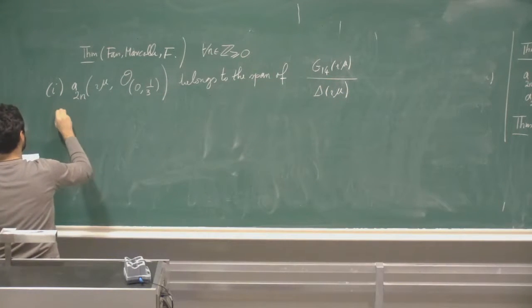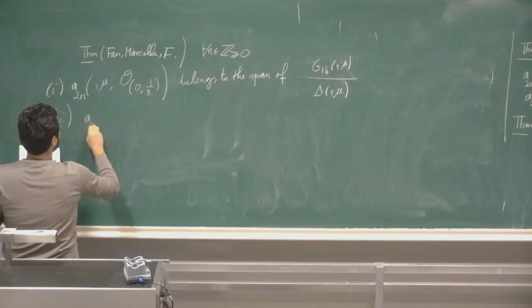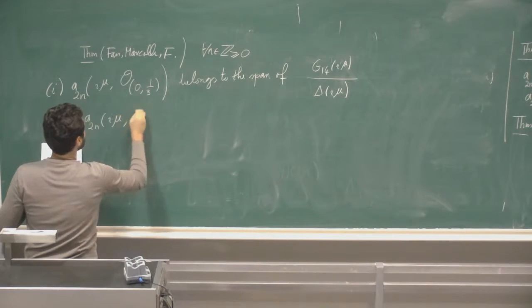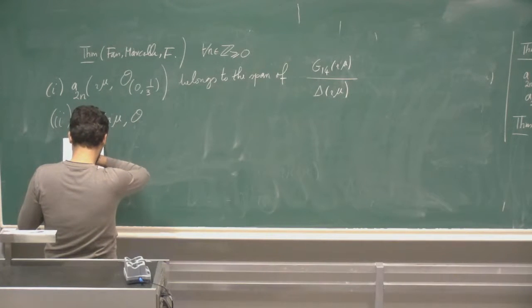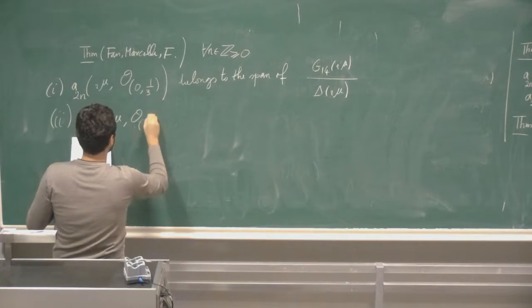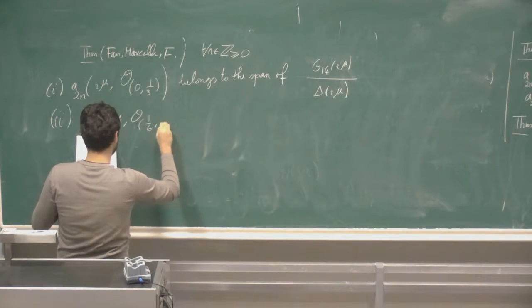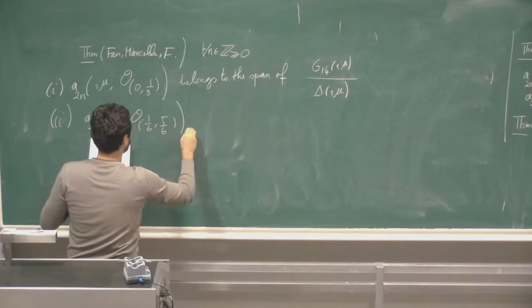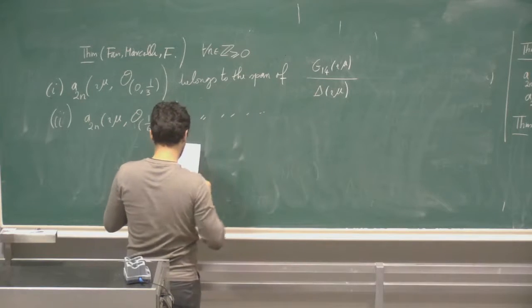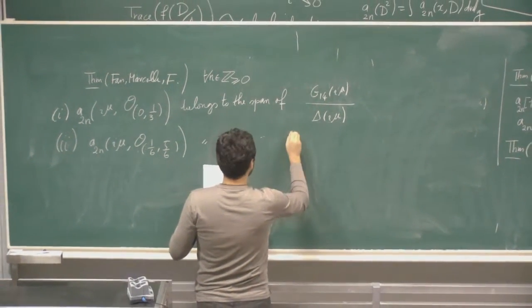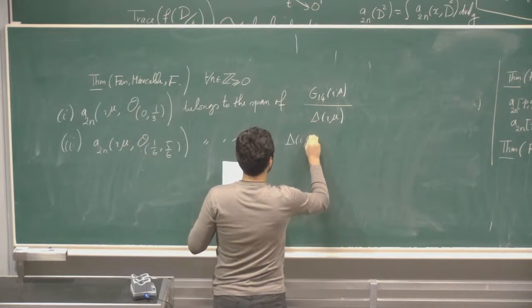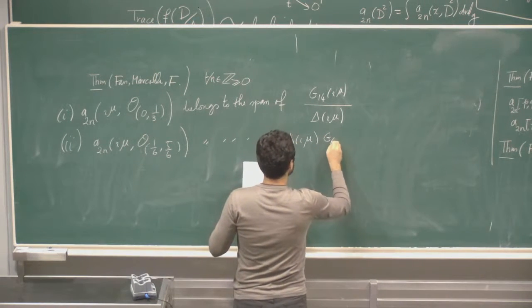I will just finish in 30 seconds. A_2n of i mu for any n belongs to the span of, as you see, there is a pole at infinity, and in this case G6.